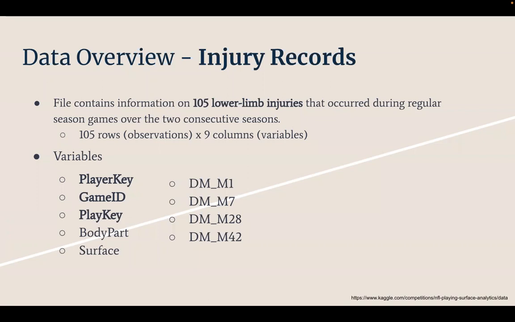The remaining variables: body part, what part of the body was injured; surface, synthetic surface versus natural grass surface. And then the remaining 4 variables, the DM underscore variables, represent days missed after an injury. So for example, DM underscore M1 means 1 day was missed post-injury. Same thing for 7 days, 28 days, and 42 days.